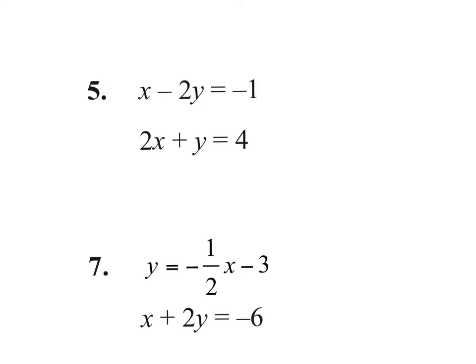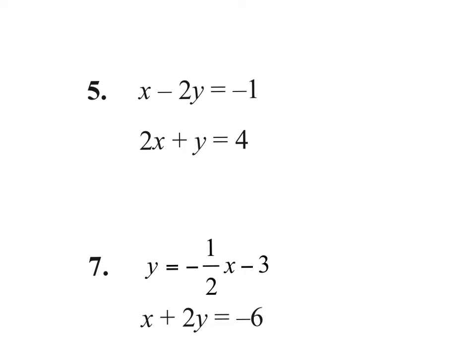But what I would do is, because this is a negative 2y and this is positive y, I would work with that because they're already opposites. We just need to make the coefficient number the same. You could do this one, but then you'd multiply by a negative 2 up here, and that isn't going to work as nicely because negatives seem to create some errors.